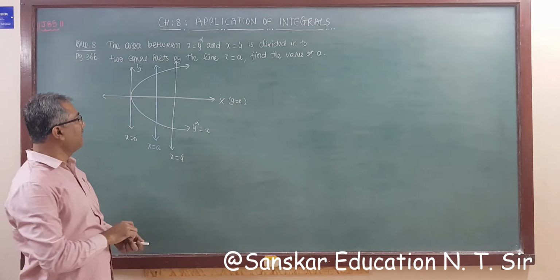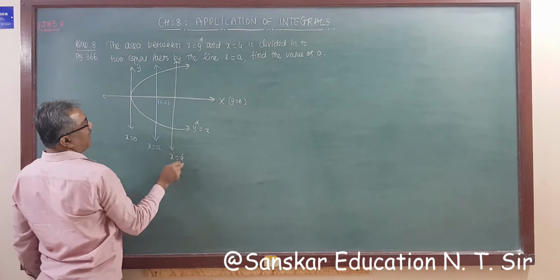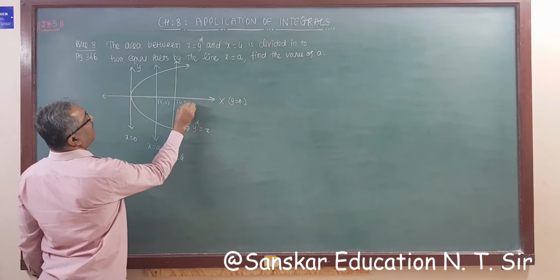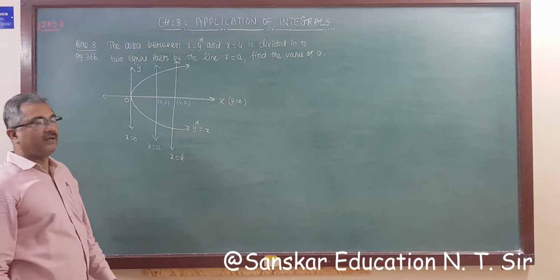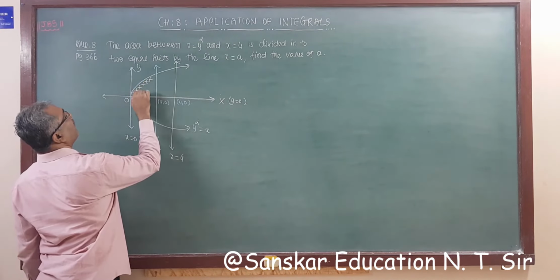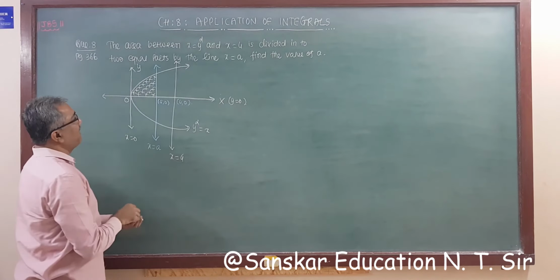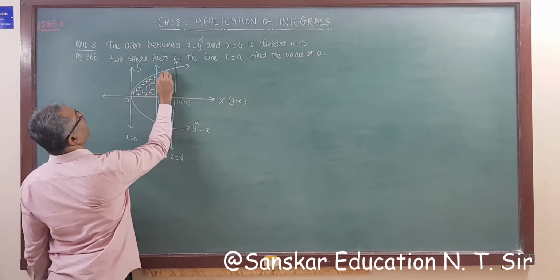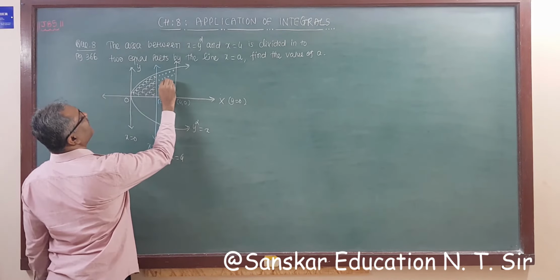So this line is passing through this point a0 and this is the point 40, and this is our origin of parabola. Now this part, right, and this part are equal as given in the question.